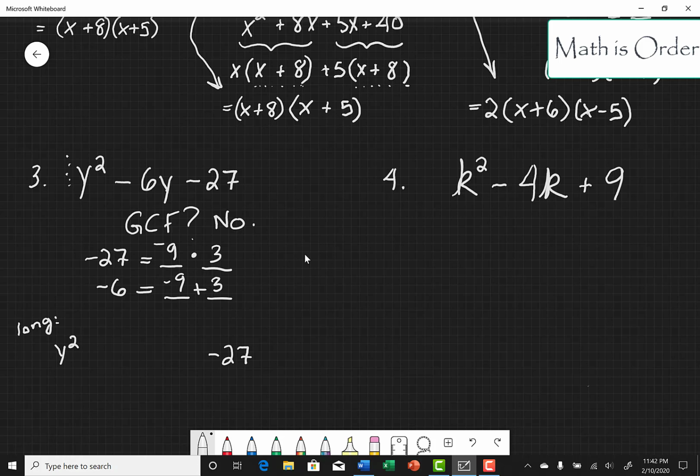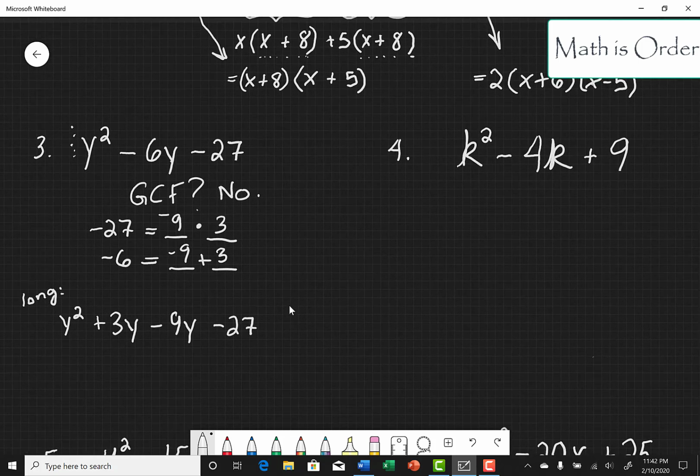And it doesn't matter the order. So if I put the 3y here, and I could put the negative 9y here, right? And then we just go ahead and factor by grouping. So if I group these two together, what can come out of this first group?